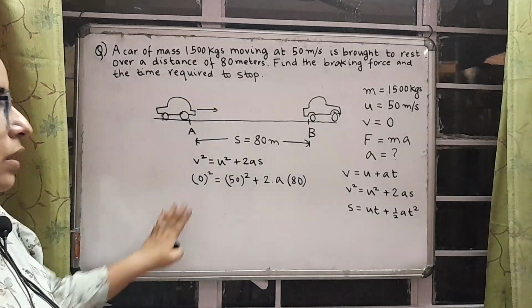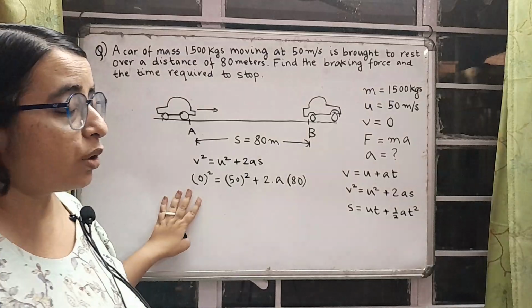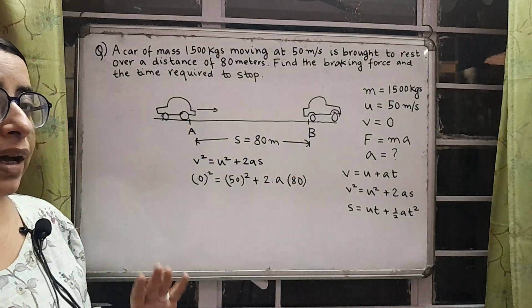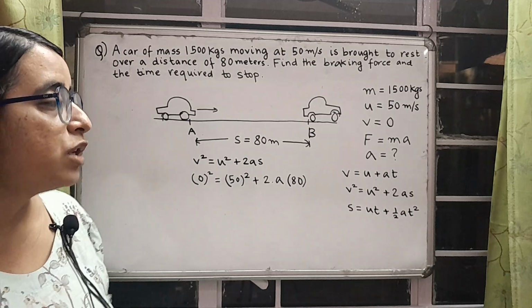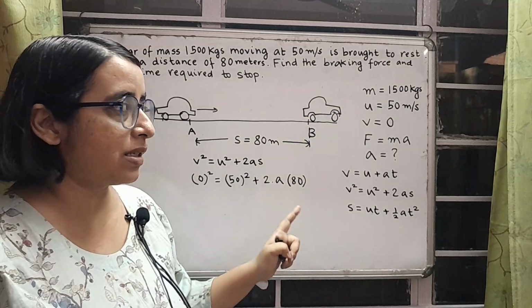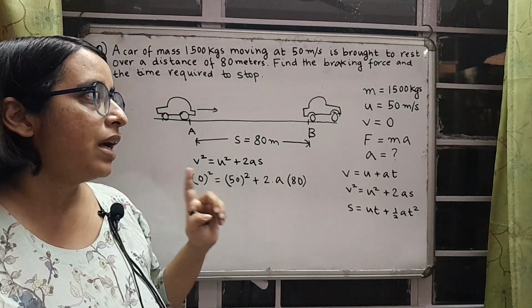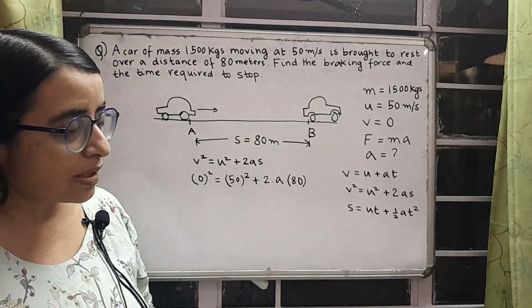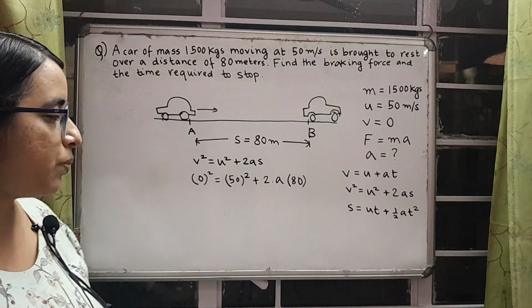Now look, when I'm putting the values, I have to make sure that all my values are in the same system of unit. So here I am using the SI system in which mass is in kgs, velocity is in meters per second and length is in meters. So it is all appropriate.